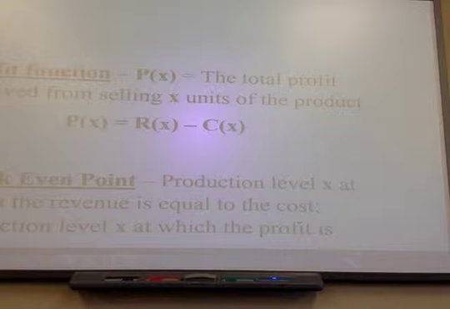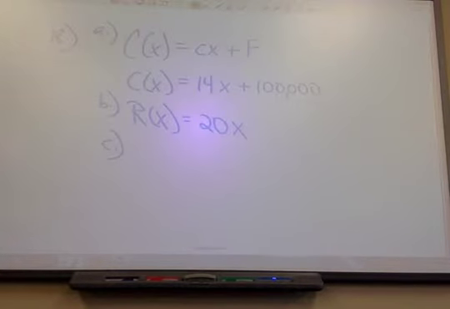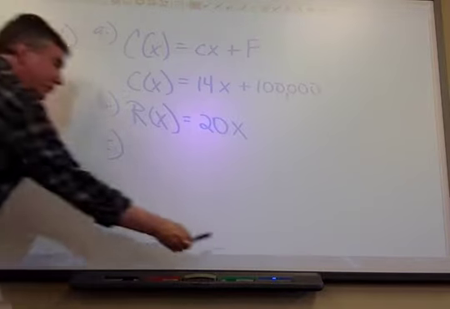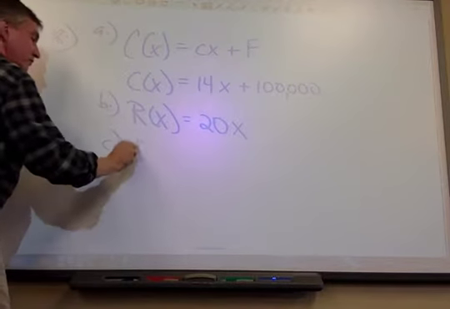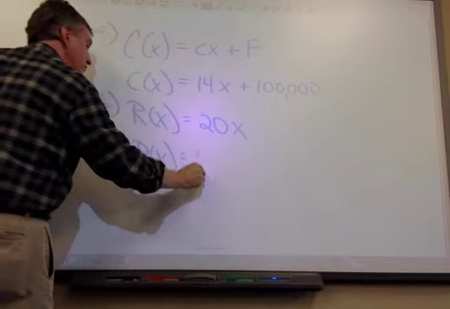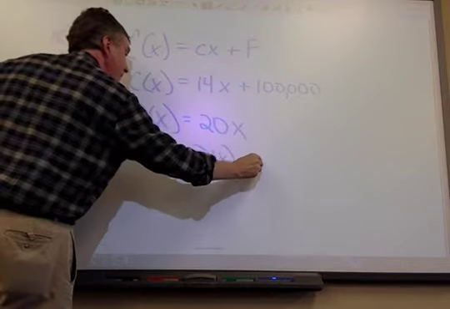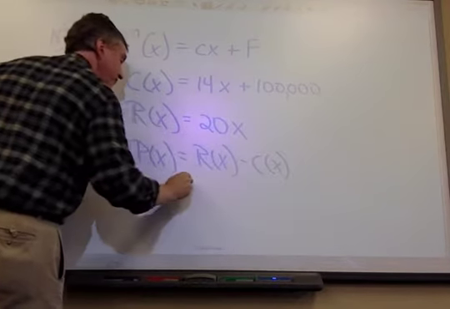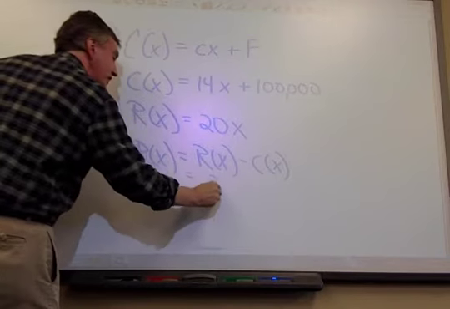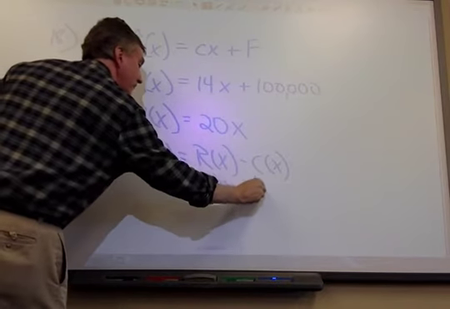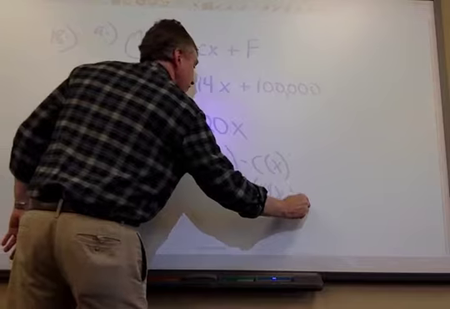So for number 18, P of X would equal R of X minus C of X. That's going to be 20x minus (14x plus 100,000).